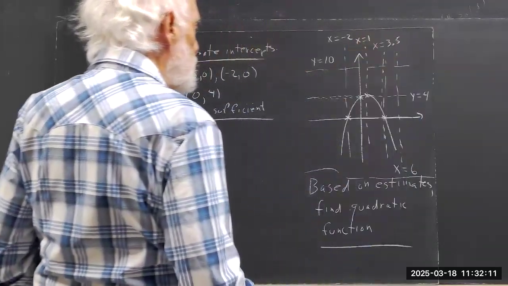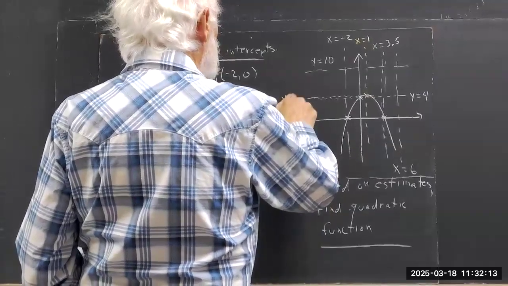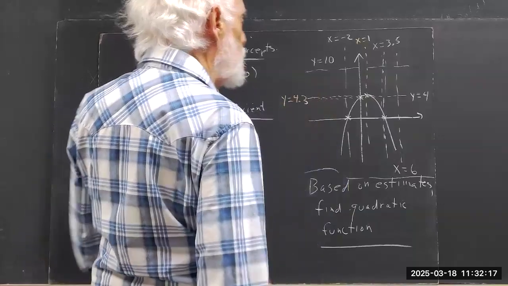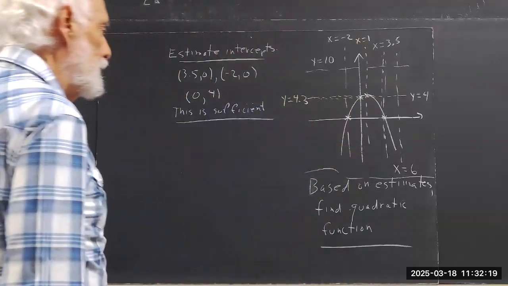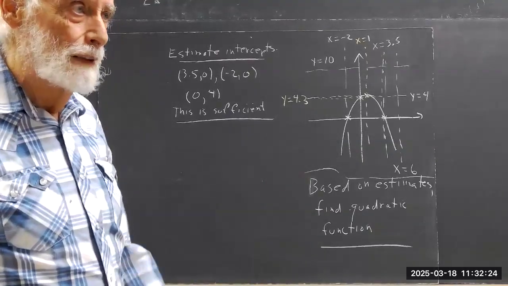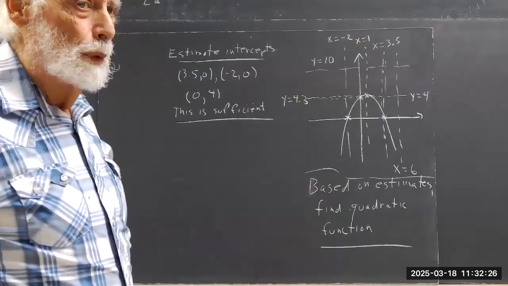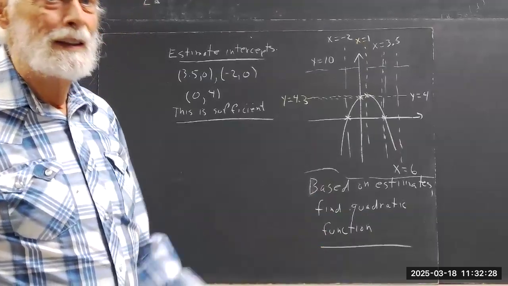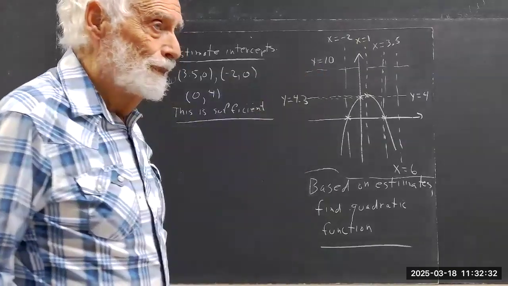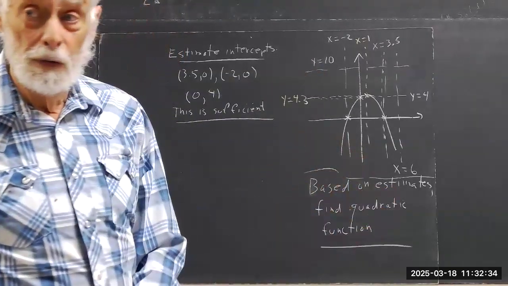Say x equals 1. And I think y is about 4.3 right there. Okay. Now, maybe it's 4.5. You know, I don't care if you estimate y equals 5, that would be okay. It's not particularly accurate because this is clearly less than a unit. But half a unit would be perfectly reasonable.